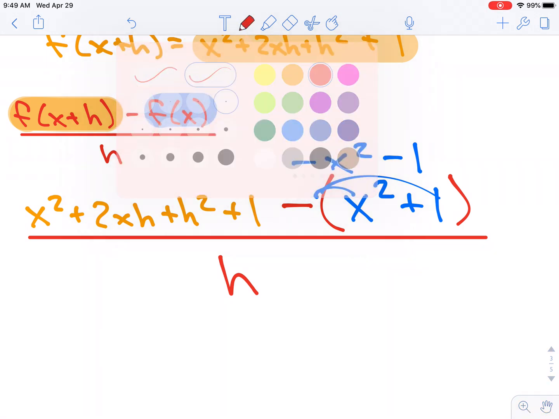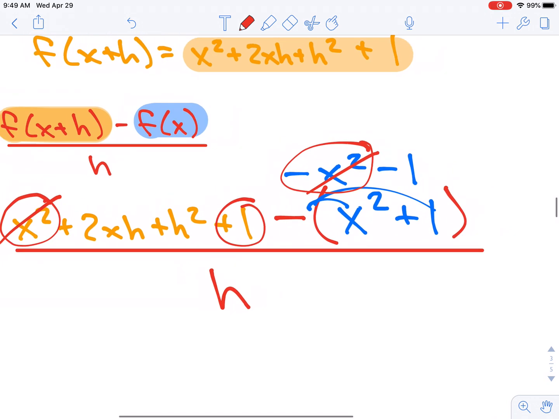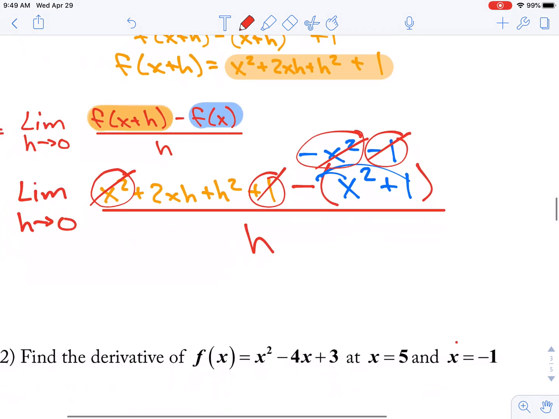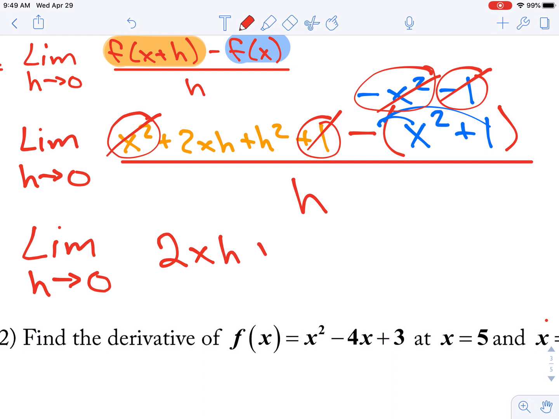If you cancel out what you can, the negative x squared cancels out the positive x squared. Positive 1 cancels out with this negative 1. And like I said before, you're left with nothing but things that contain an h. So anything without an h got canceled, and you're left with 2xh plus h squared all over h.